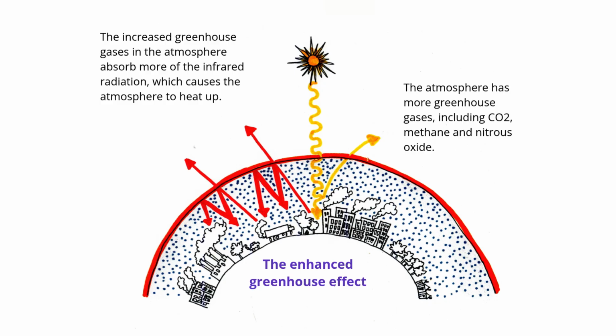So we just get a lot more, and that heat's redirected back downward more, and the atmosphere begins to warm. Human activities are increasing the concentration of these gases. Burning coal, oil, gas releases carbon dioxide. Agriculture and waste release methane. And we're going to cover some of the drivers of these increased greenhouse gases in our module 2.